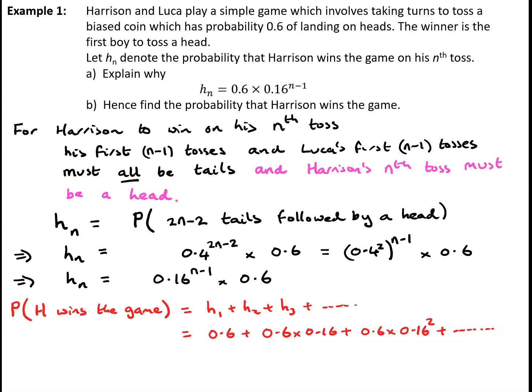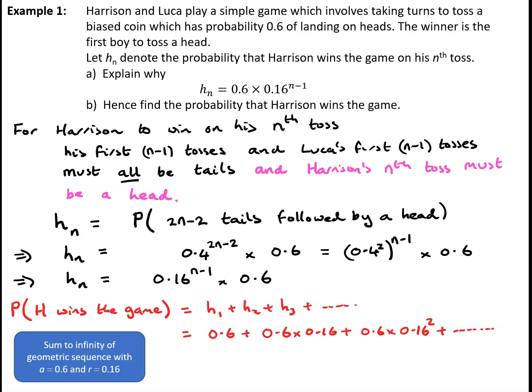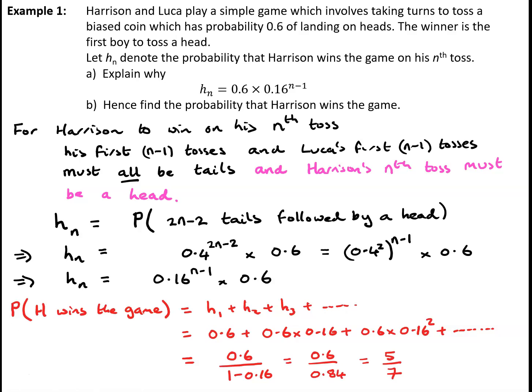So this is the sum to infinity of a geometric sequence whose first term is 0.6 and whose common ratio is 0.16. So the sum to infinity is a over 1 minus r, so that's going to be 0.6 over 1 minus 0.16, which gives me 0.6 over 0.84, or equivalently 5/7. So Harrison has a 5/7 chance of winning this game, and Luca has a 2/7 chance of winning the game.